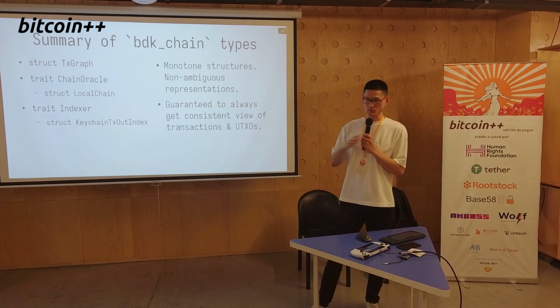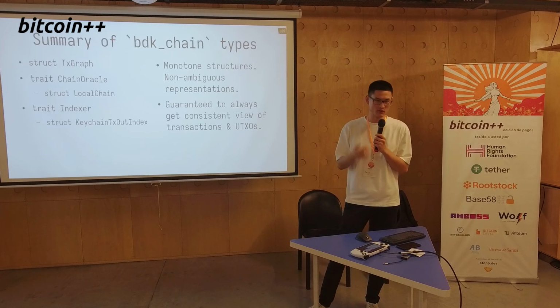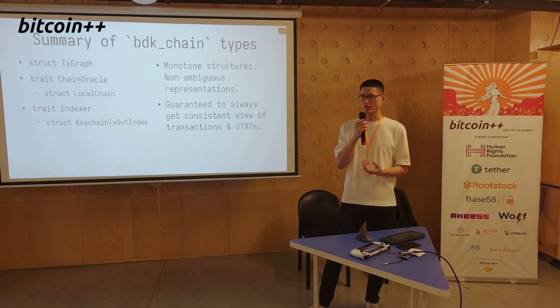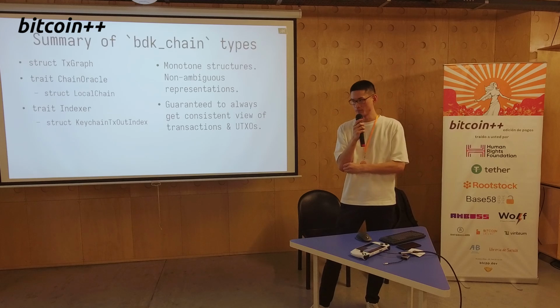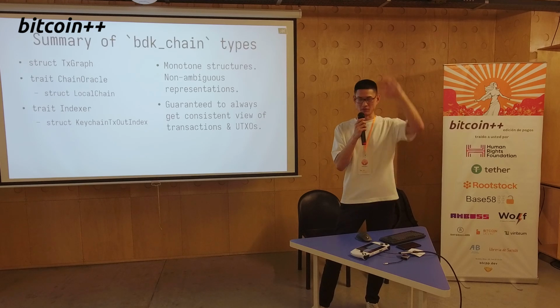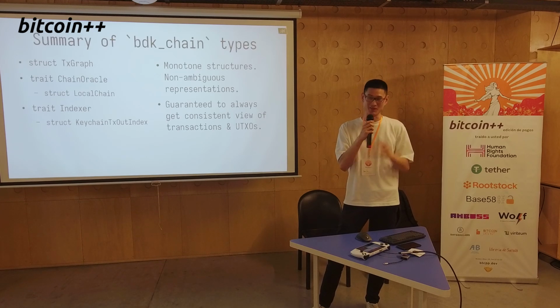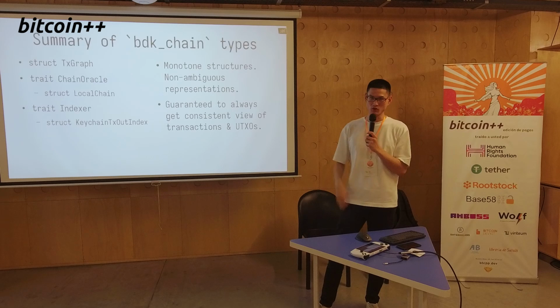So how BDK works with utreexod, it's not perfect. I'm not an expert on utreexod, but basically you have to aggregate a Merkle tree of UTXOs, and then when you spend a transaction, you want to prove that your UTXOs belong in that Merkle tree.